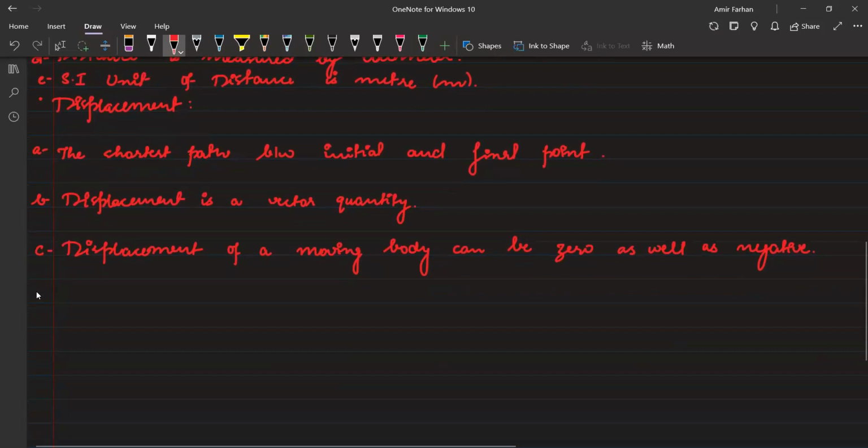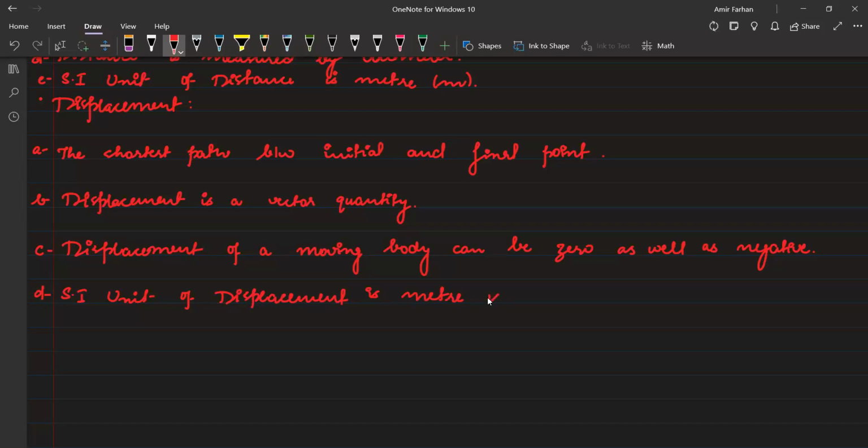The SI unit of displacement is also meter. Clear, Ayan?